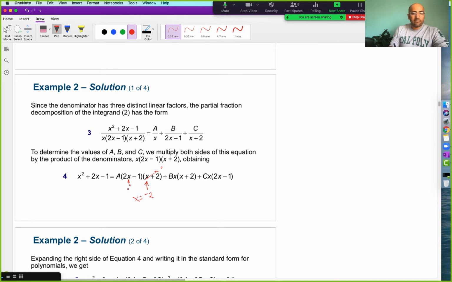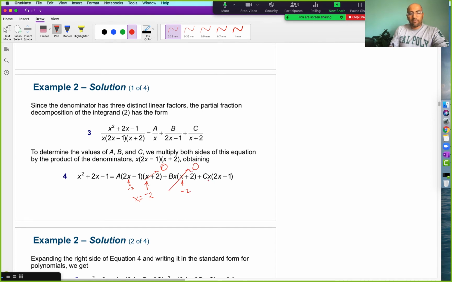Plugging in -2 there, we'll get -2 minus 1, which becomes -5, but it doesn't matter because 0 times anything is 0. So this whole term disappears when x equals -2. This other term will also disappear.